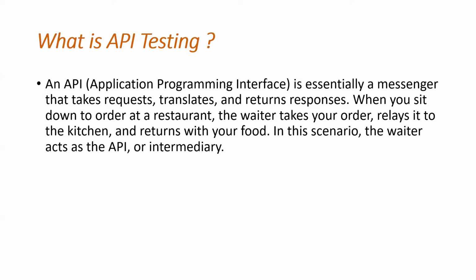The client software will give the request, the API will take the request and give it to the server, or the person who is going to respond back to the request. After that, this response is also carried by the API and given back to the client machine. So this is how API works.